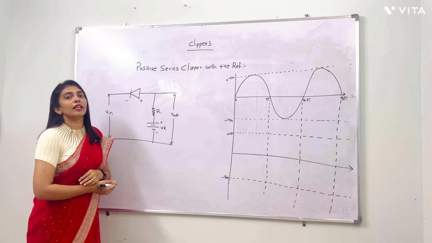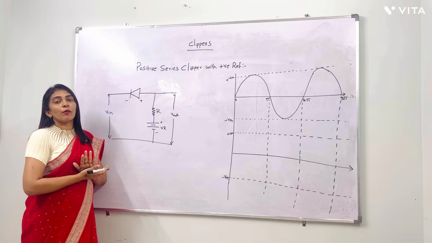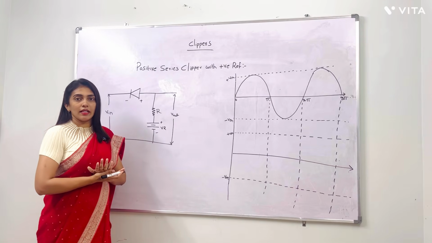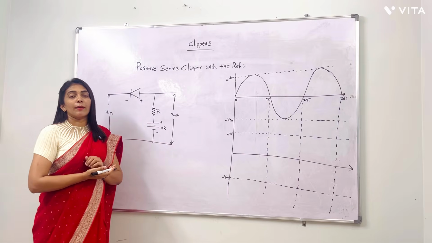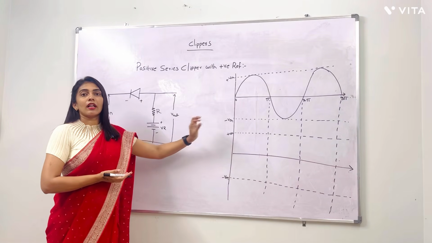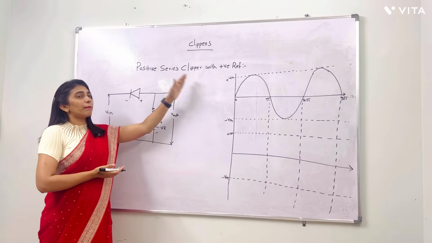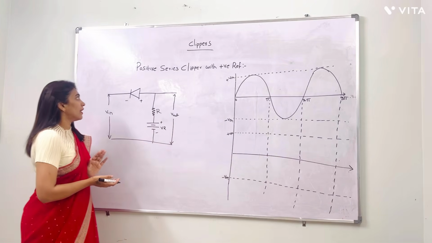So what is meant by clipper? Clipper means cutting some portion of the input signal, either the positive side or the negative side. Positive clipper means the positive part will be clipped off. Negative clipper means the negative part will be clipped off, right?